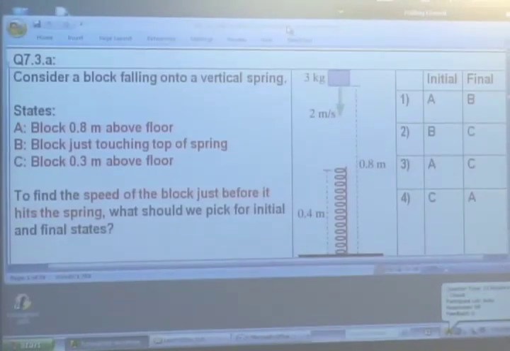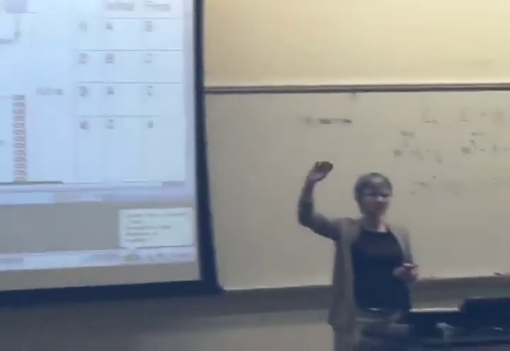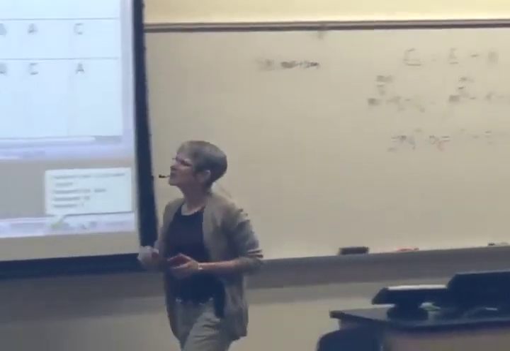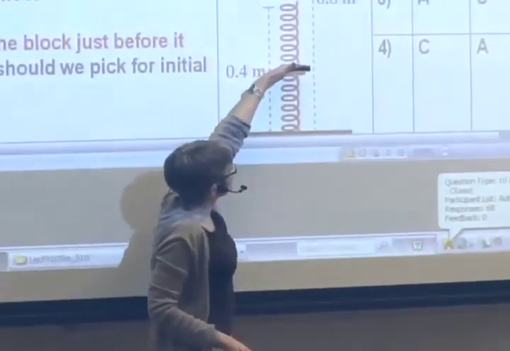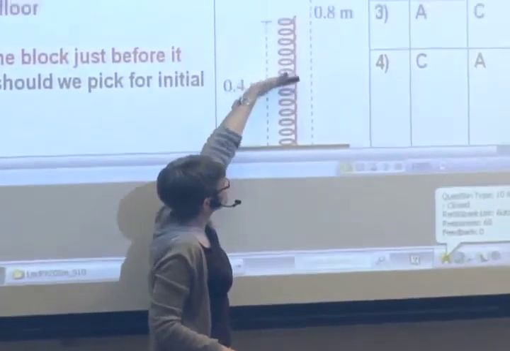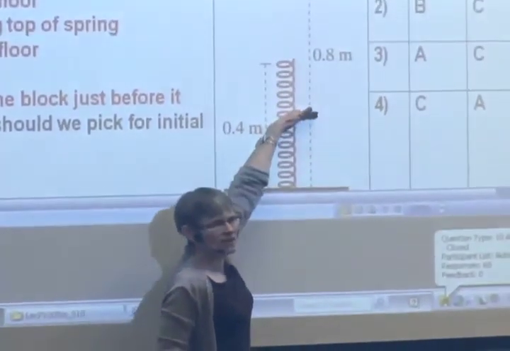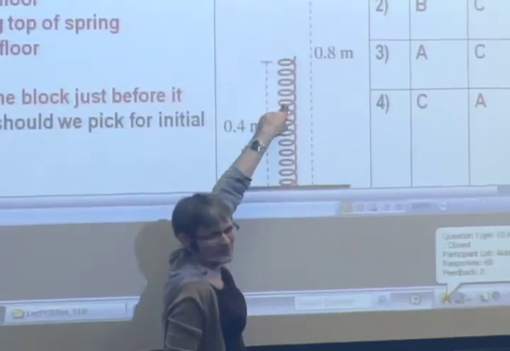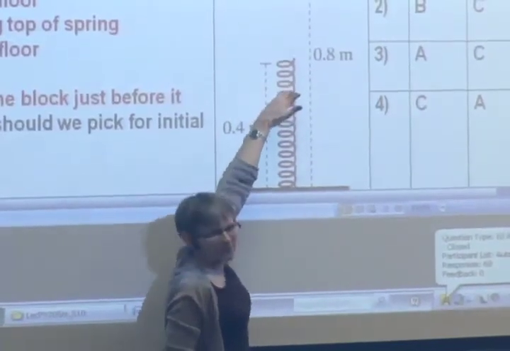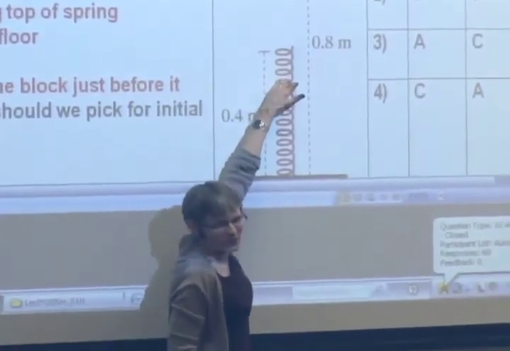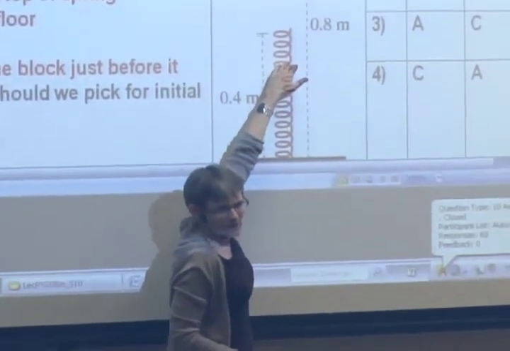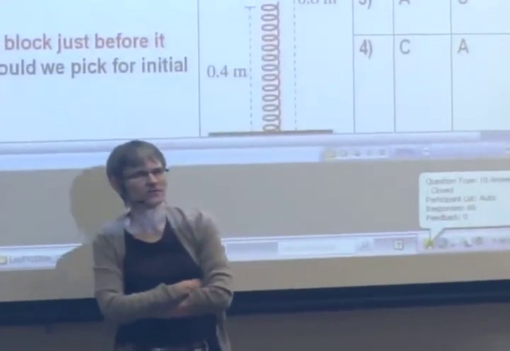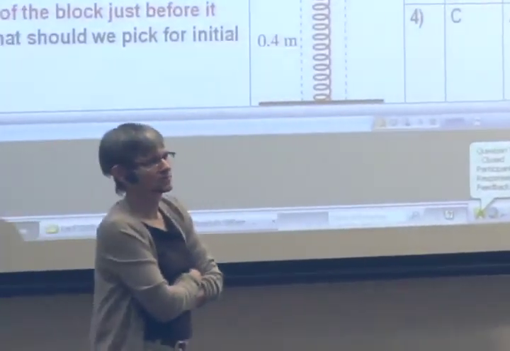Okay, but so we know the initial state. We know the final state is just before it hits the spring. The problem asked in the book is: the block hits the spring, keeps moving down. At the moment when it's 0.3 meters above the floor, how fast is it moving? What will we take for initial and final states to solve that problem?